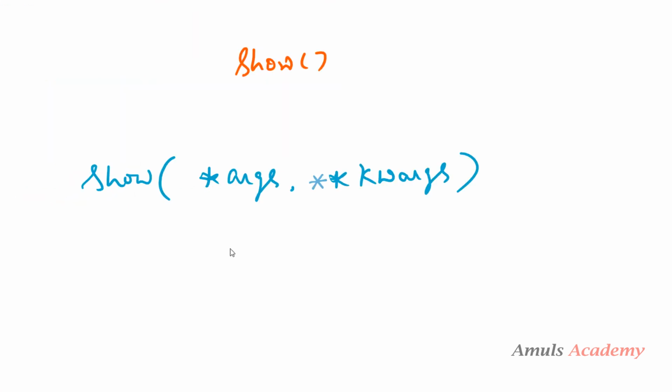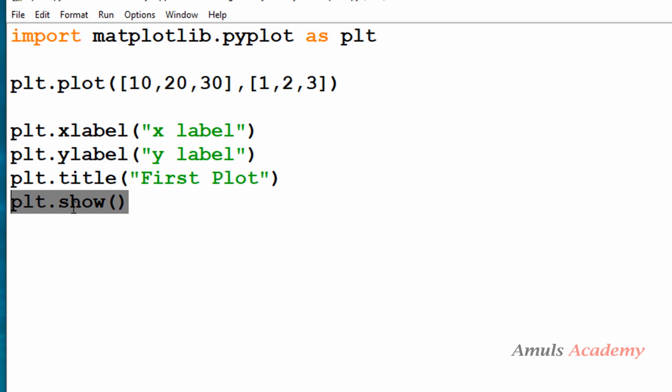When we use this show function in non-interactive mode, that is when we write our program in a file, it will display all the figures and block until the figures have been closed. Here I am using this show function to display the figure.